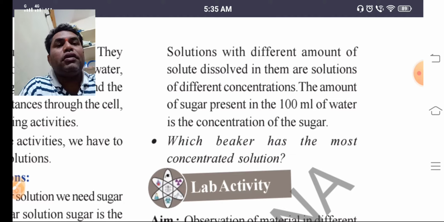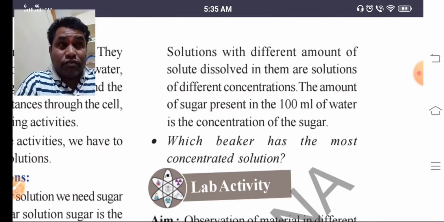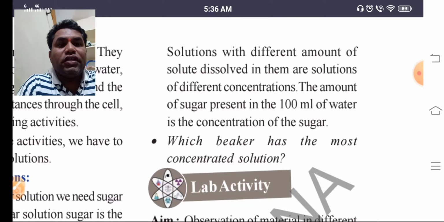The amount of sugar present in the 100 ml of water is the concentration of the sugar. So which beaker has the most concentrated solution? The third beaker, because it has more sugar than the water.